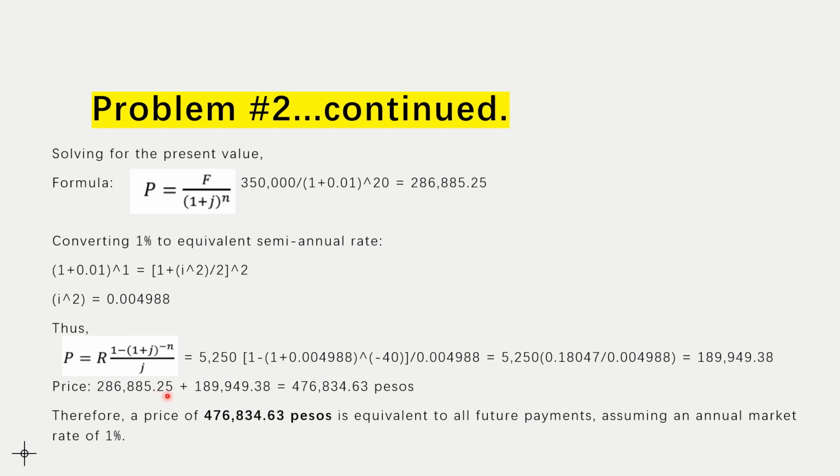Just solve it on your calculator, and we get 476,834.63 pesos. Therefore, we conclude that a price of 476,834.63 pesos is equivalent to all future payments, assuming an annual market rate of 1%.